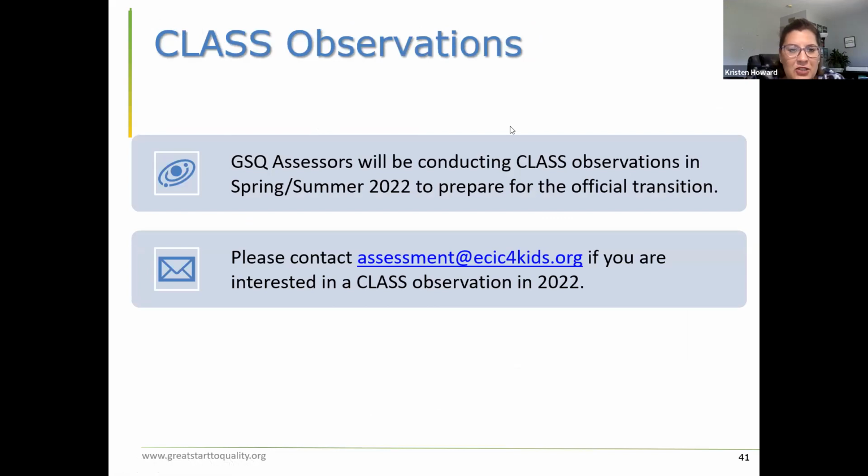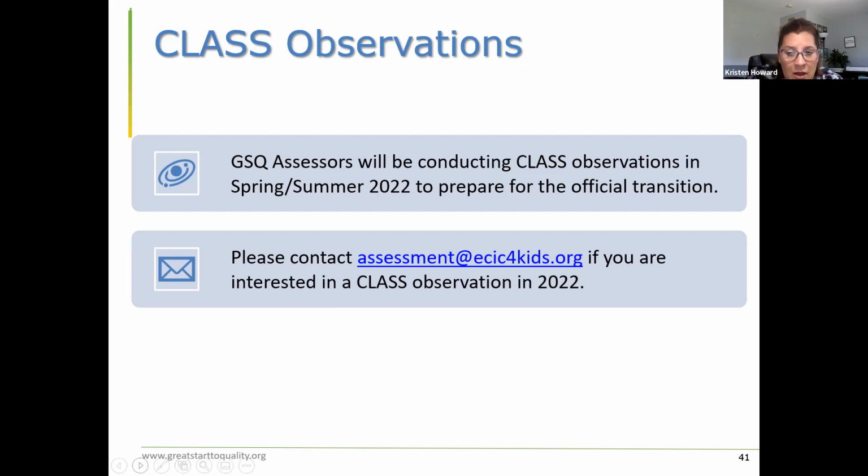Great. And like Jennifer mentioned, the Great Start to Quality assessment team is out right now doing practice CLASS observations, and we'll be continuing to do so into the summer and fall to prepare for our official transition in 2023. And like she mentioned, here is the email that you can send us an email if you are interested in having a CLASS observation conducted.